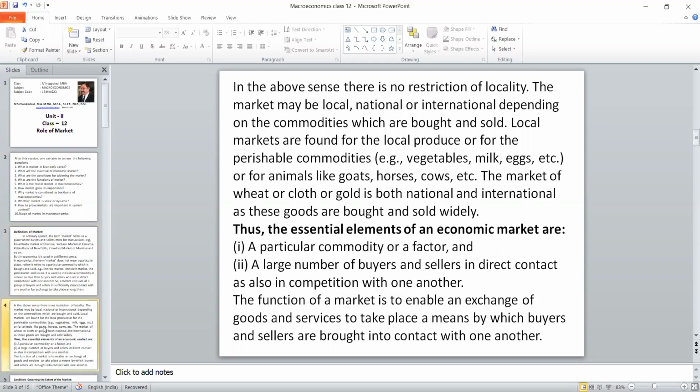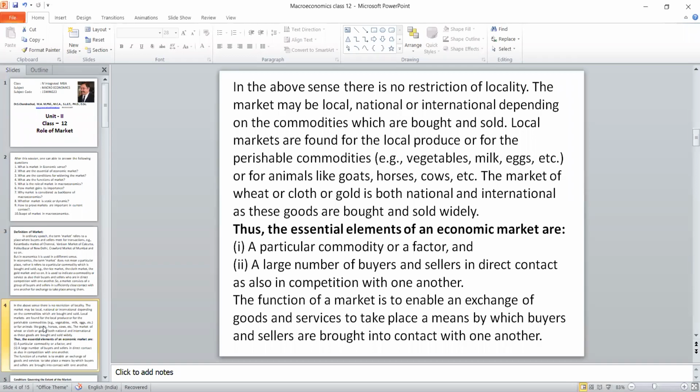Now let's move to the next level. People always restrict the market to a locality, but economics gives a wider expansion. The market may be a local market, a country-level market, or an international market. So the commodity is brought anywhere and transacted between buyers and sellers.